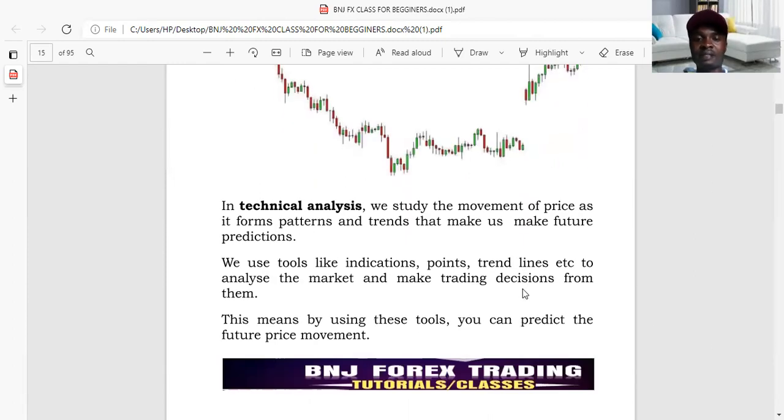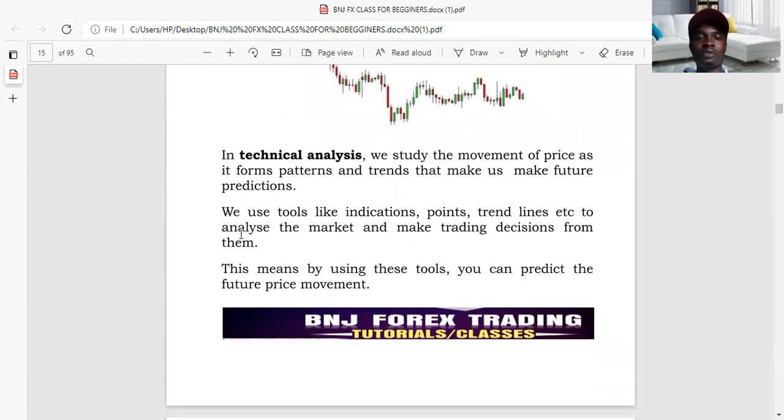Don't know if I'm making sense. So we use tools like indicators, points, trend lines, etc. When we get there, I don't want to confuse you. I want to take this class precept by precept. When we get to the practical aspect of our technical analysis and fundamental analysis, you will see it yourself. So I just want you to get the foundation of this class.